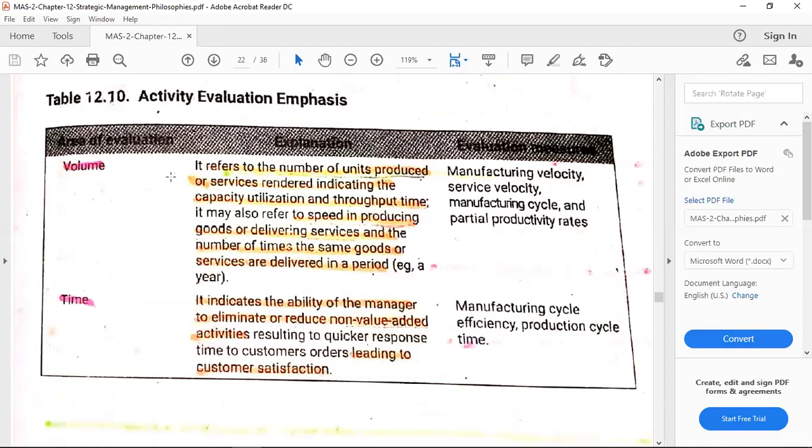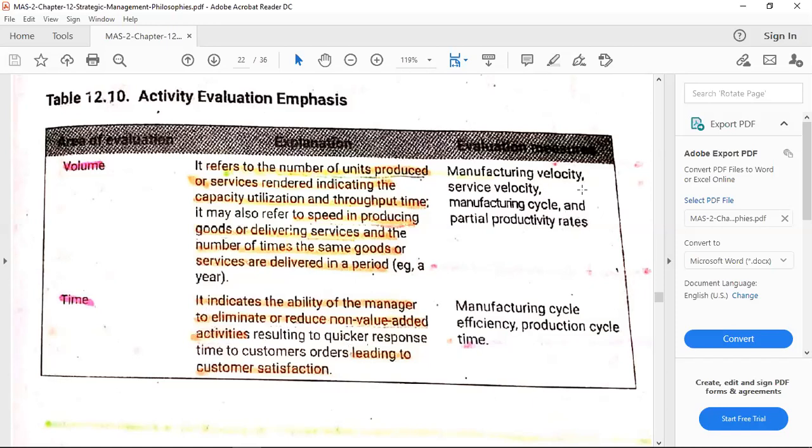So number of units produced or services, and time, of course, is clearly how fast or quick a response is made, so that overall we will be able to satisfy the customer. So number of units, for example, produced quickly, and this is in terms of time, how fast it is.